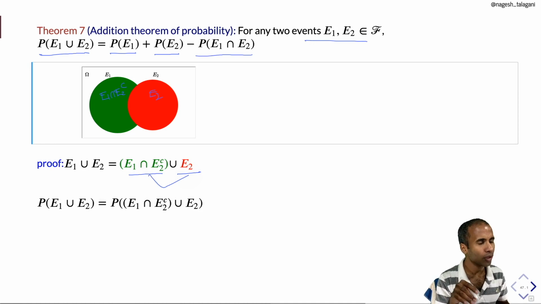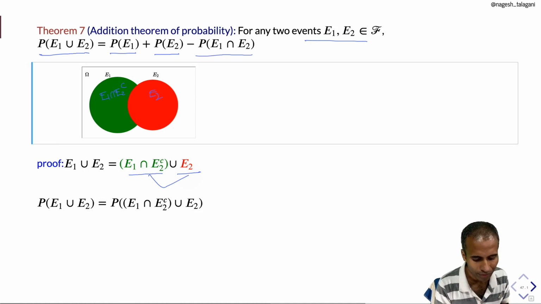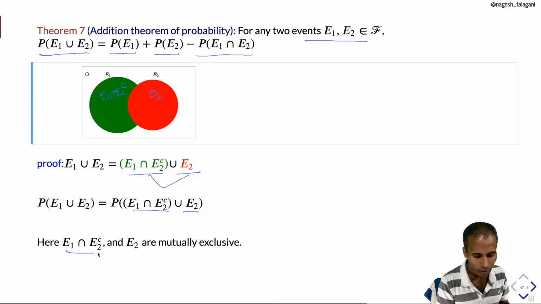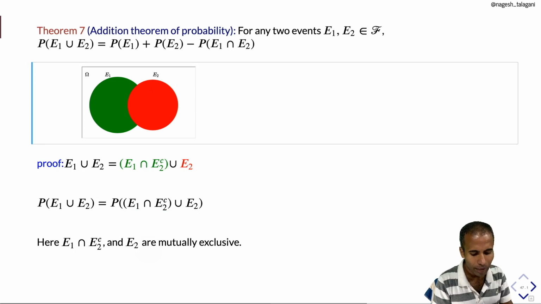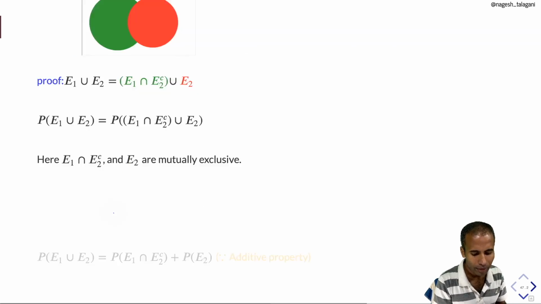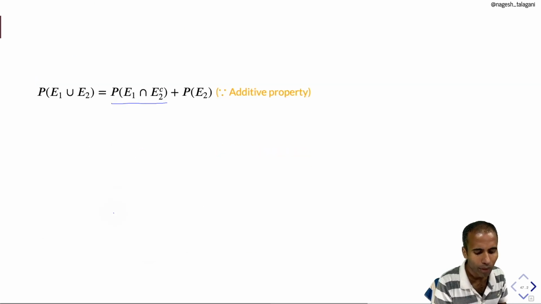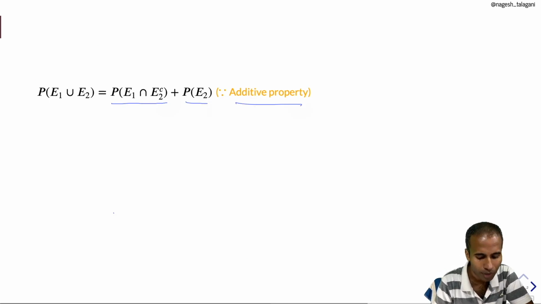Now if you try to compute the probability for the left hand side, it's going to be the same as the probability of the right hand side. Here E1 intersection E2 complement and E2 are mutually exclusive, as we can see from the Venn diagram. They don't have any overlapping. Now if we apply additivity, I can write probability of E1 intersection E2 complement plus probability of E2, because of the additive property.